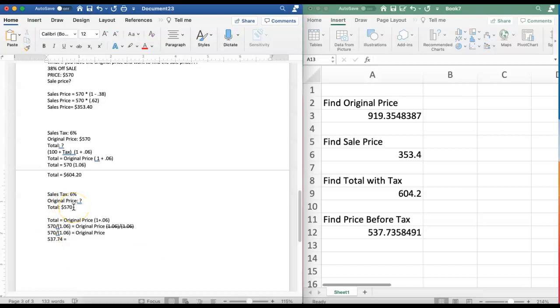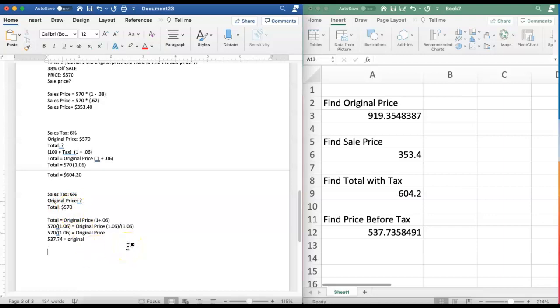It gave me 570. Yeah, it does, because I took that original price, the 100% of it, and then I added in a little extra for the sales tax, and that gives me a larger price that I end up paying total of 570.